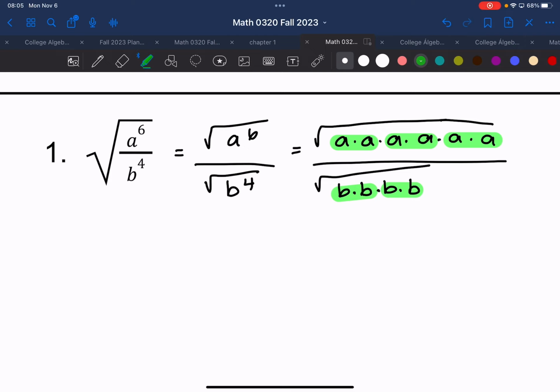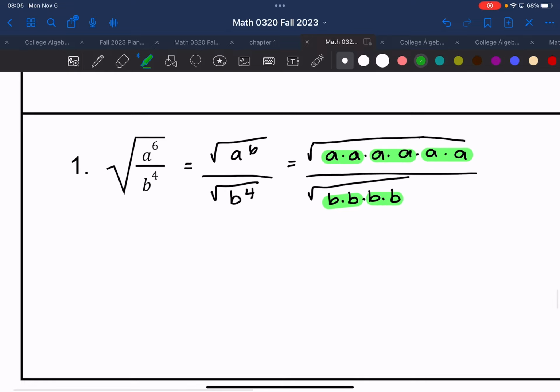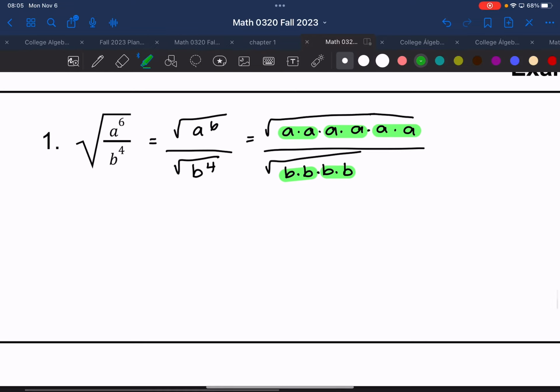Do I have any pairs that are left over? Any additional a's or b's? No. So that means I'm going to have no radicals left. I'm just going to take out one pair from each one. So since I had 3 pairs of the a's, this is going to become a to the 3rd, and the bottom's going to become b squared.